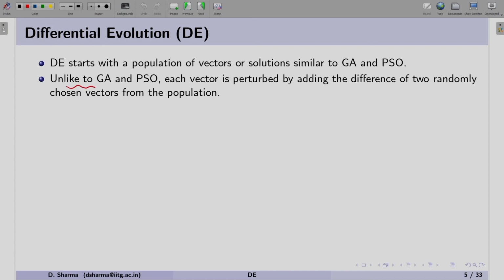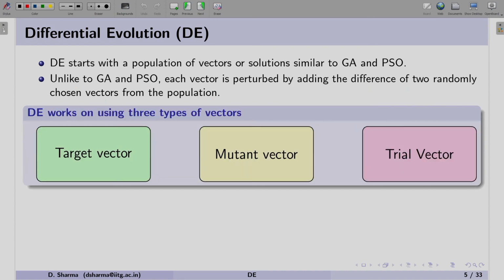But unlike GA and PSO, each vector is perturbed by adding the difference of two randomly chosen vectors from the population. So, that is the new thing, the way a new solution or a new vector is created in differential evolution.